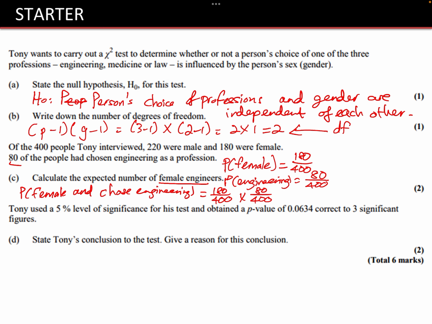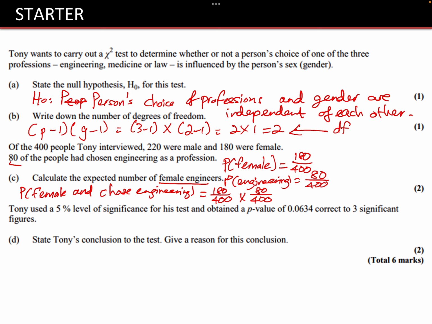Okay, but we're not looking for the probability in this case. We're looking more specifically for the expected number of female engineers. So we should be getting a number and not just simply the probability.